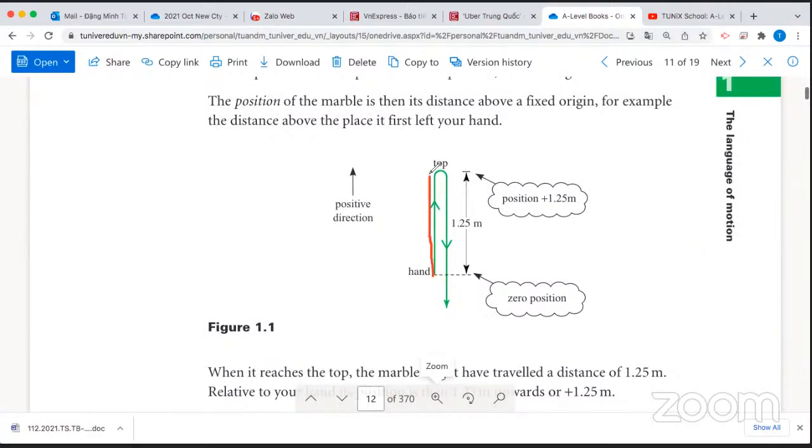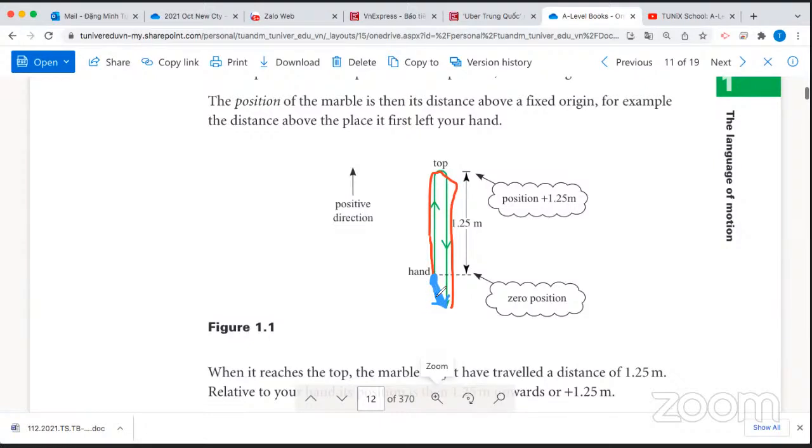Total of the length here, right? Total of the length, all of this one. But the displacement, at this point, that's only the vector, this one only, the blue vector here. The initial point here and the final point here, that's a vector here.